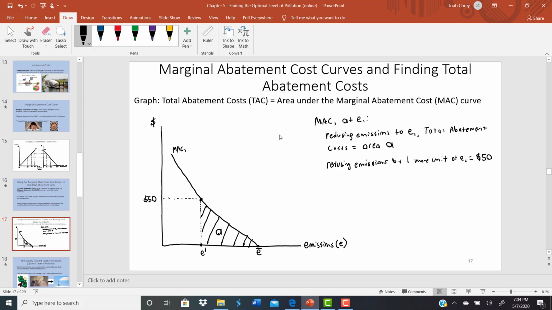Now, what would happen if our marginal abatement cost curve were to increase for whatever reason, or shift up? Let's say that we had a marginal abatement cost curve that looks something like this.